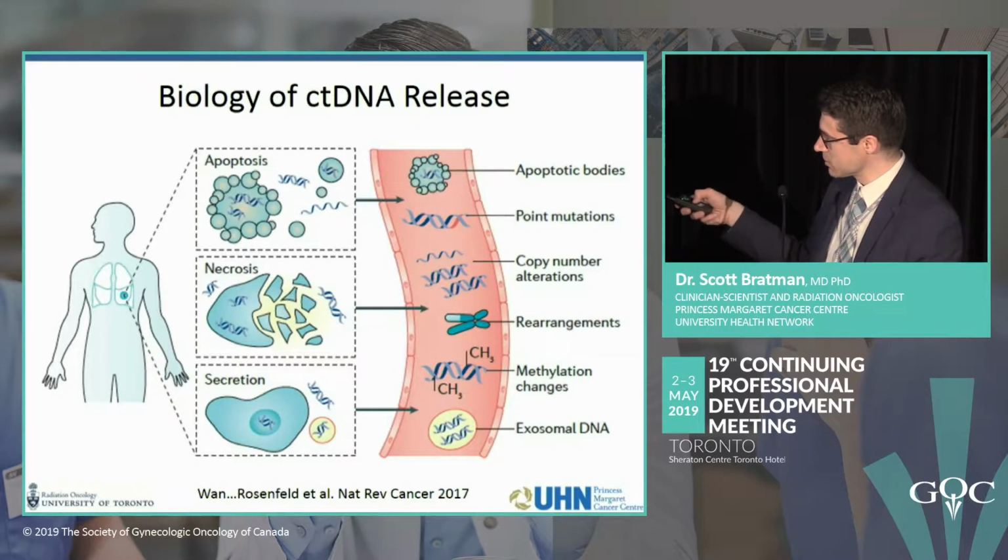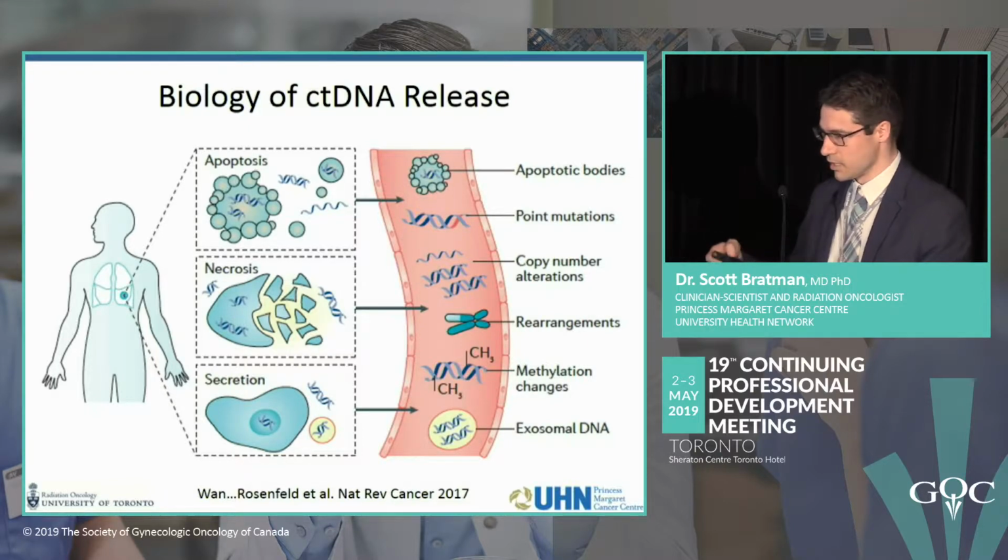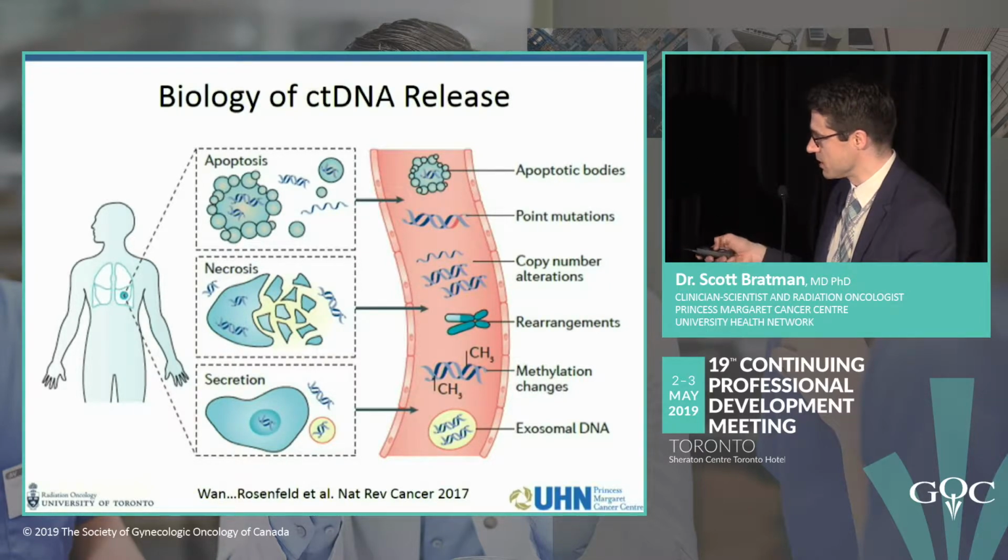And then once it's in the circulation, in terms of the possible contributing molecular aberrations that can help to distinguish tumor-derived DNA from healthy sources of DNA in the circulation, they're all listed here, but primarily point mutations have been the main focus of current clinical tests.